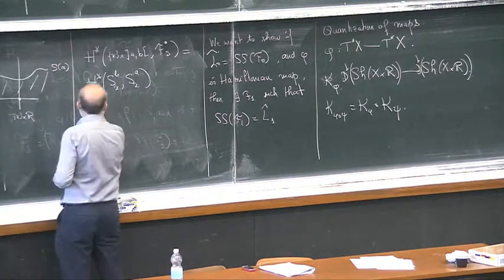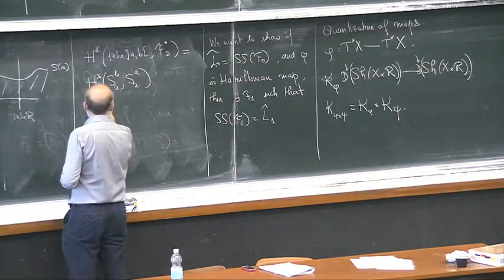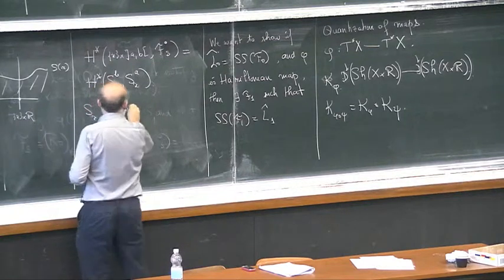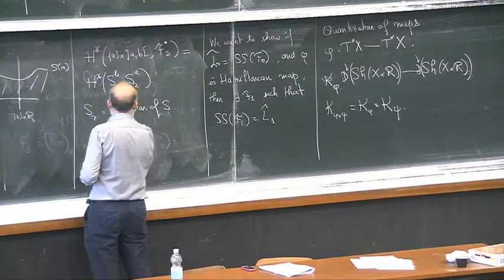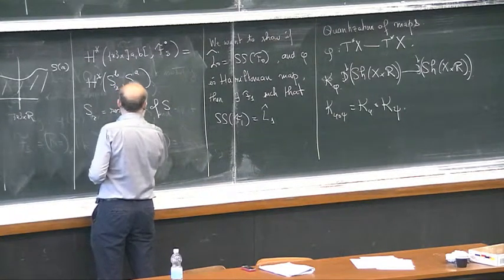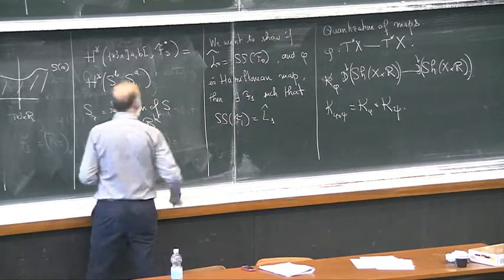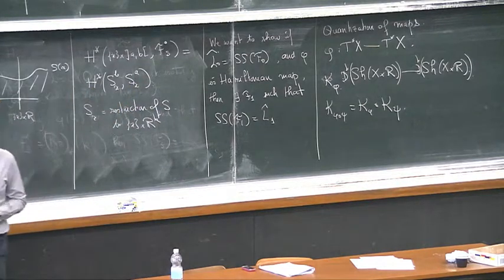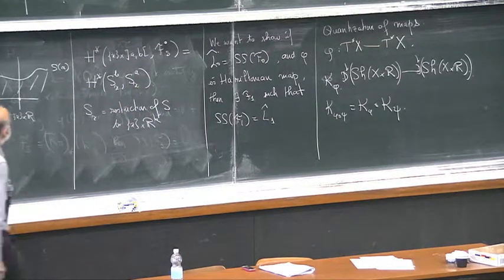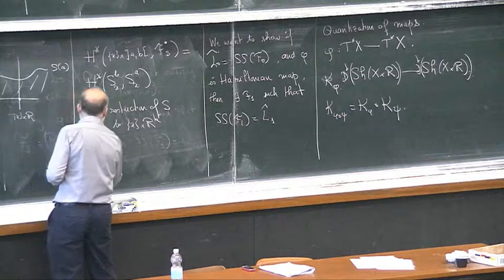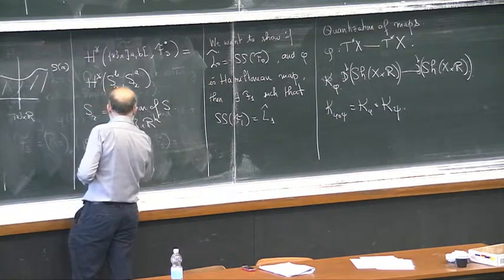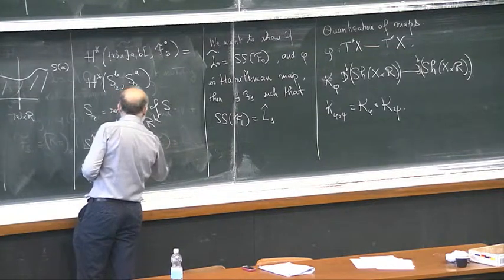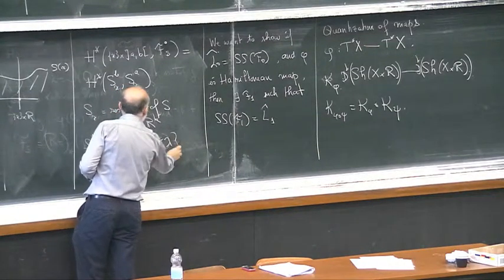So remember that S_x is just the restriction of S to x times R^k. So I just freeze the first variable. And S_x^λ is just the set of ξ such that S_x(ξ) is less than λ.